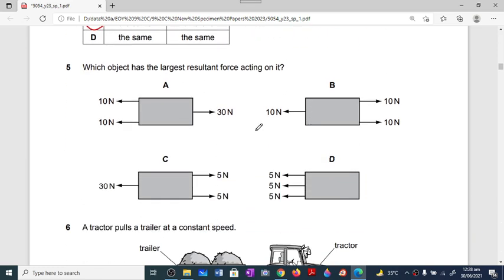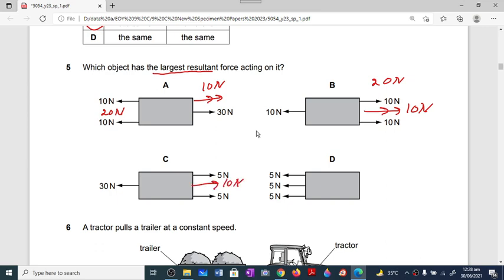Now question number 5. He is saying which has the largest resultant force. Now 30 Newton and 20 Newton in the opposite direction. So 10 Newton will be the resultant force for this, and 20 Newton and 10 Newton means that 10 Newton will be the resultant force on this, and now 10 Newton and the other one is the 30 Newton.